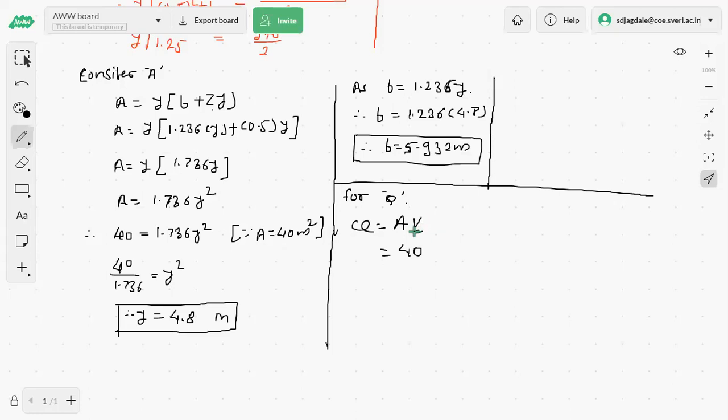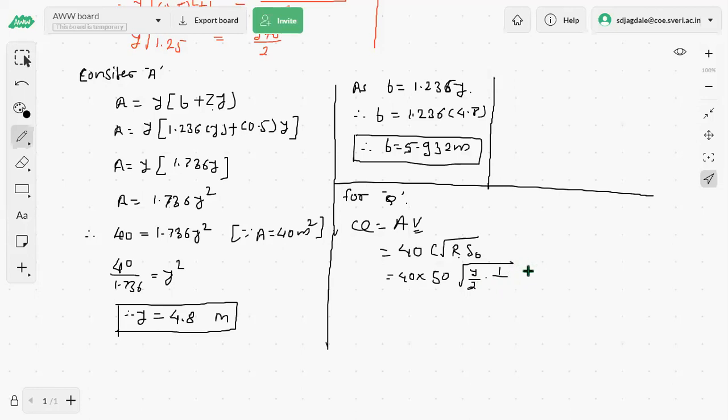Okay, so just put up the things. Area as 40 into velocity as C root R S naught. Hydraulic radius R is y by 2. 40 into C as 50. So hydraulic radius R is y by 2 into S naught, which is 1 by 1000.